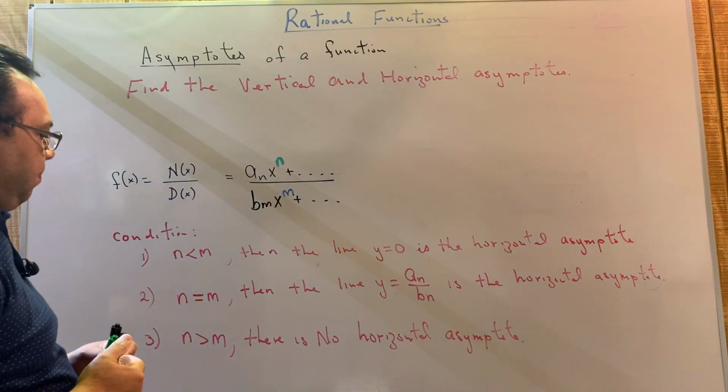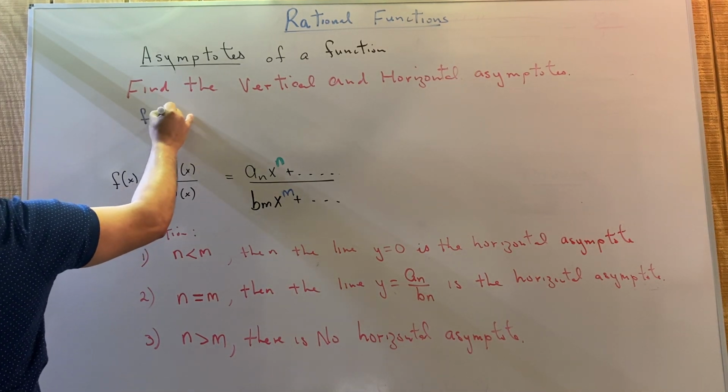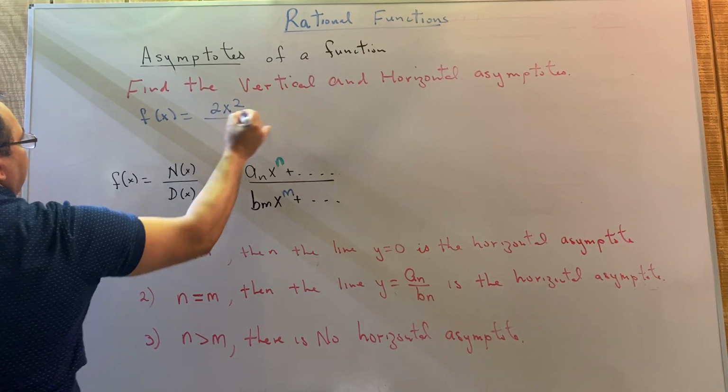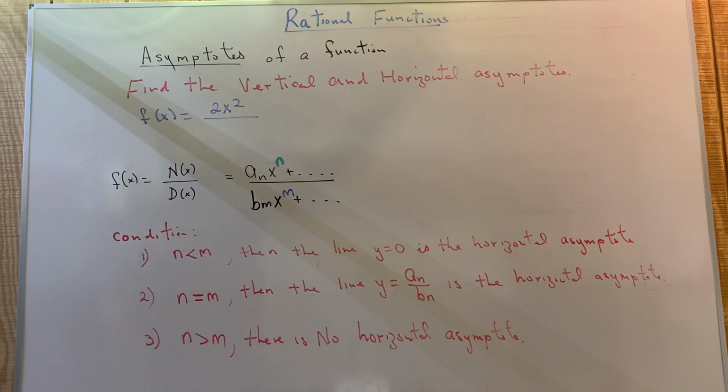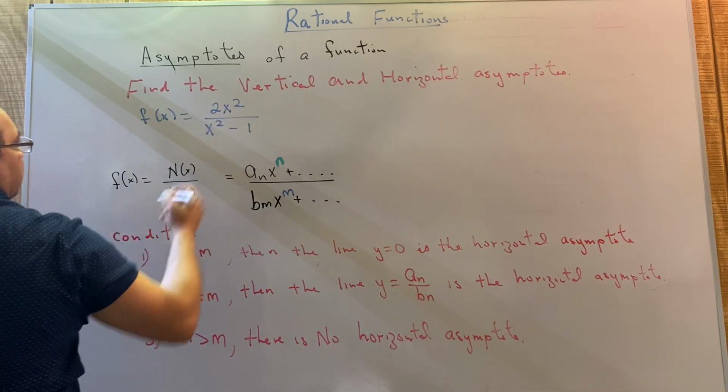The function we'll look at is f of x equals 2x squared over x squared minus 1.